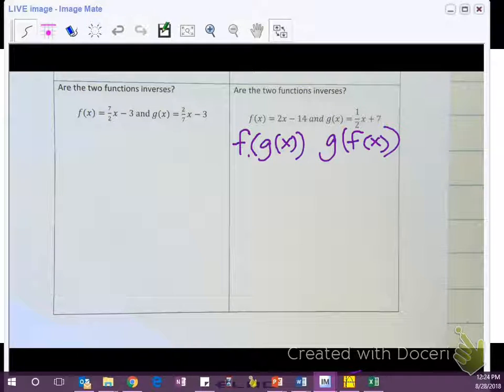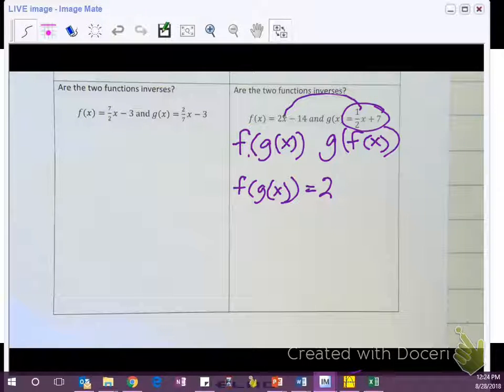So f compose g, we'll do that one first, means I take f, which is 2, and where the x goes, I'm going to take this whole function and stuff it in there where the x goes. So then I write 1/2 x plus 7. And then the rest of this function is still there, so I still have my minus 14. So in place of the x, I replaced the x with all of g. I put g into f.